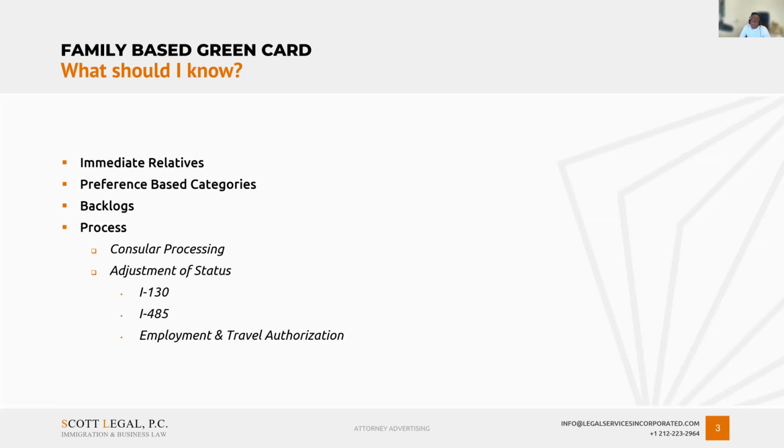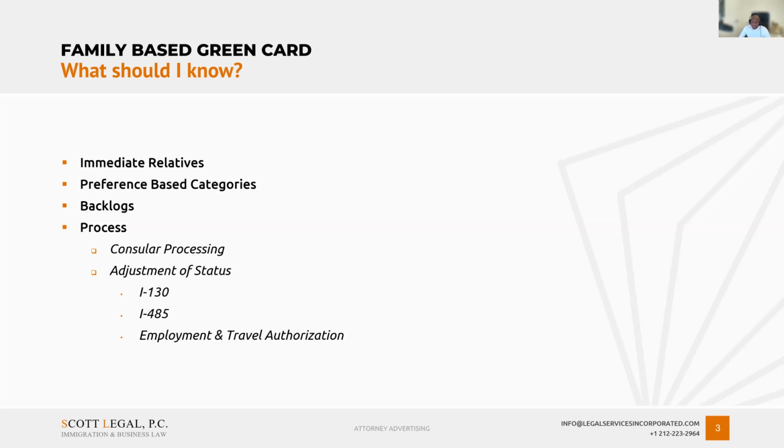The reason this is not as good as the immediate relative category is because of the way the immigration system works in the US. This applies to both employment-based and family-based immigration, with the exception of the immediate relative category. There are a certain number of green cards that can be issued every year by country.